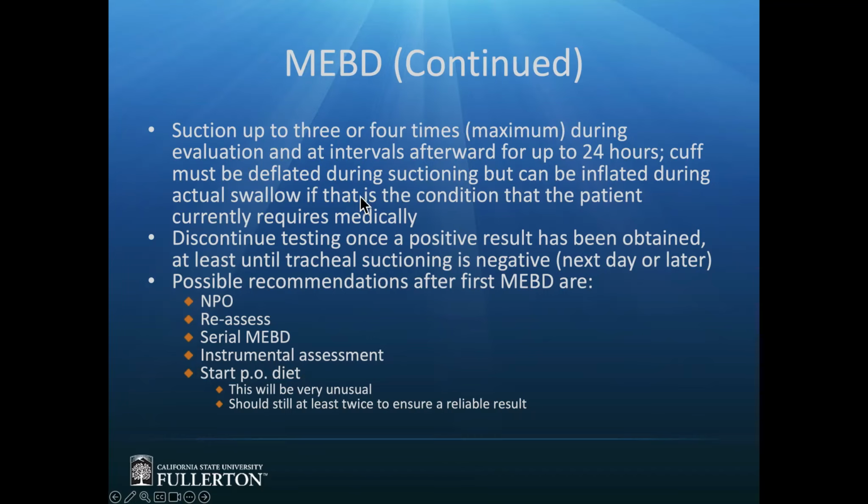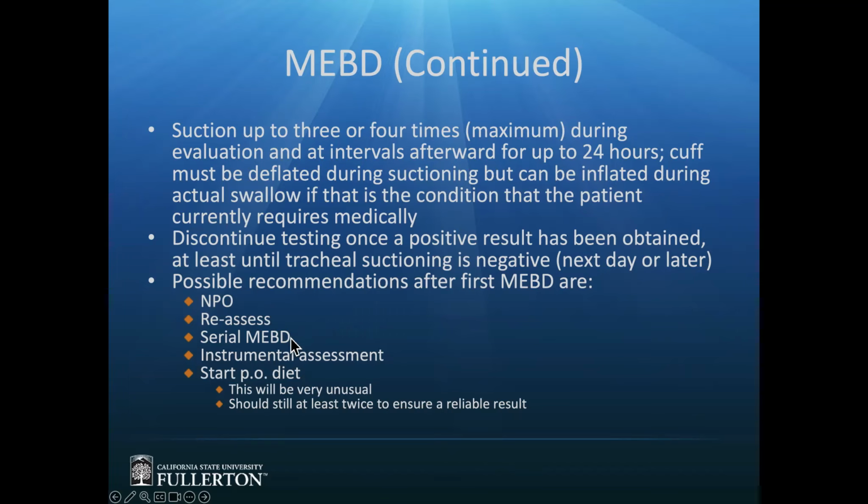All right, so possible recommendations that we might make in our evaluation after our first modified Evans blue dye test, because remember, we're going to write an evaluation. We're not probably going to put them on a diet yet, but we're going to write an evaluation. The possible recommendations are that the patient continue to be NPO if they are, that we reassess, probably tomorrow.